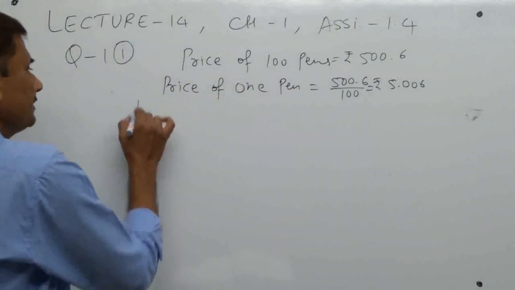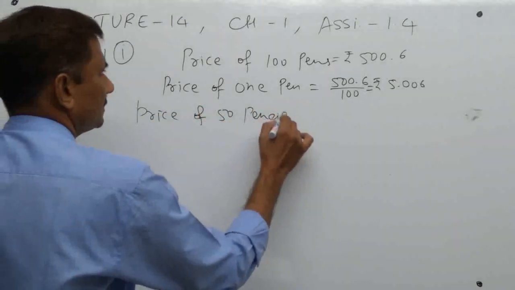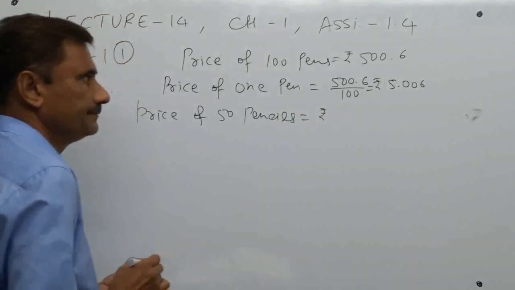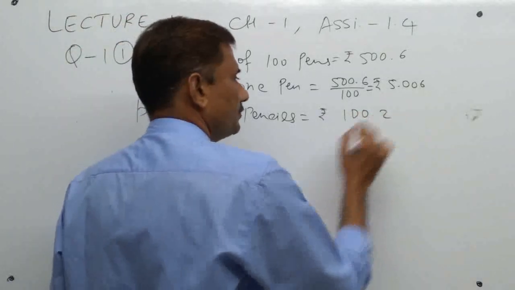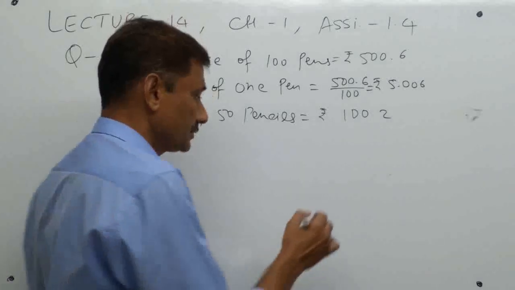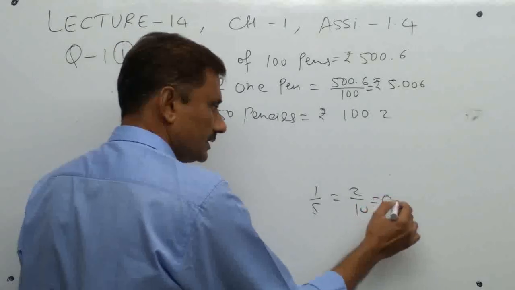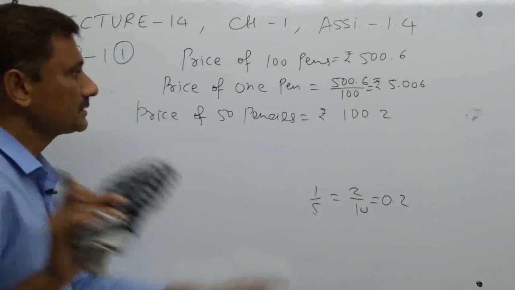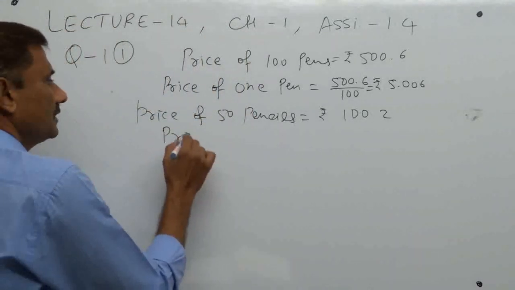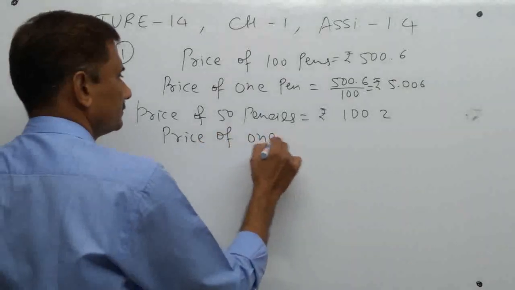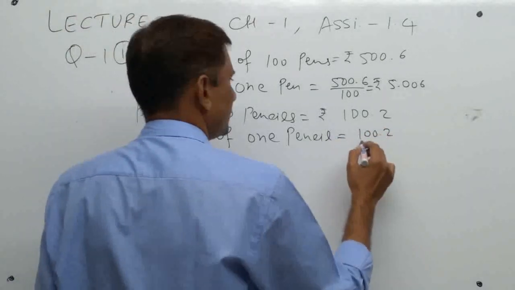Now in the same way, they have given the price of 50 pencils. It is 100.2 rupees. Why? 1 by 5 means 2 by 10. I make double here and double here to get 10 so there is no need for division. So I wrote here 100.2. So the price of one pencil is equal to 100.2 upon 50.